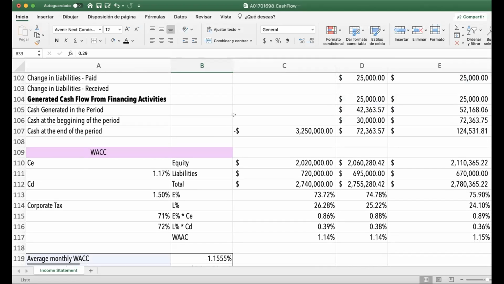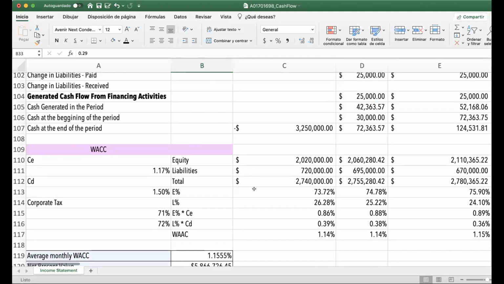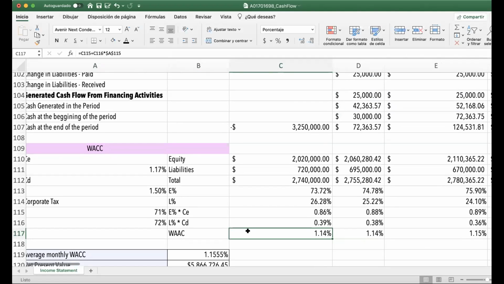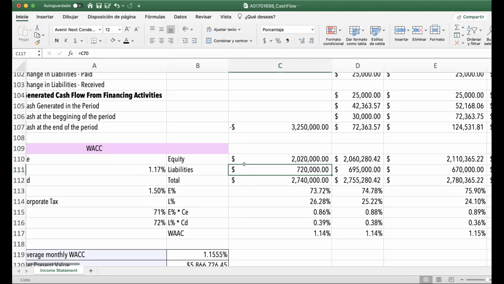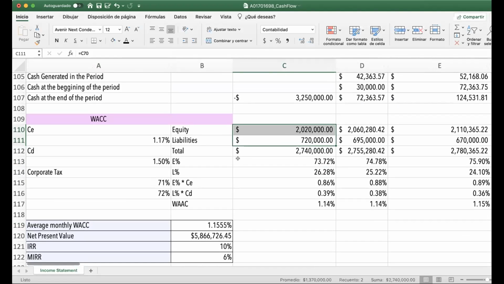And also, where are you using the 3 million pesos investment? The 3 million, I'm not taking that into account. No, I mean for the net present value. You're going to change that, right?